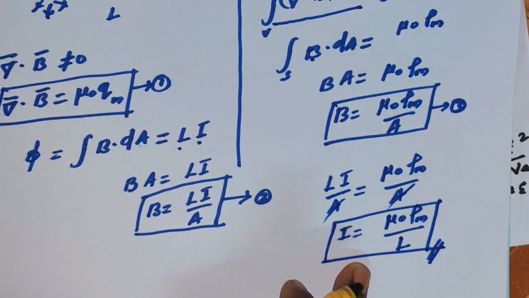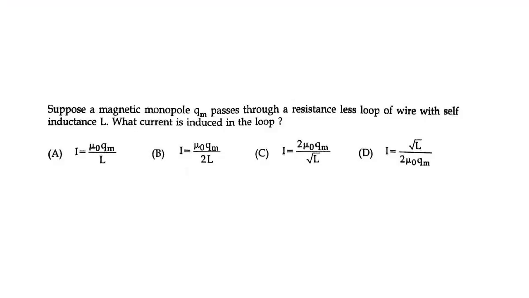But naturally there is no magnetic monopole in the universe. We got the answer: the current equals mu naught times the magnetic charge density rho m divided by L. Since here we have only the magnetic monopole, the magnetic charge density is the total charge per unit volume, which is the definition of the monopole density.